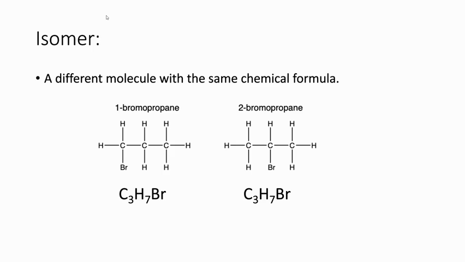That affects the chemical properties. So these are different molecules. Even though they have the same chemical formula, the structure makes them different. That's really important. We have to start identifying if the molecule is structurally different, because even if it has the same formula, it will be chemically different.